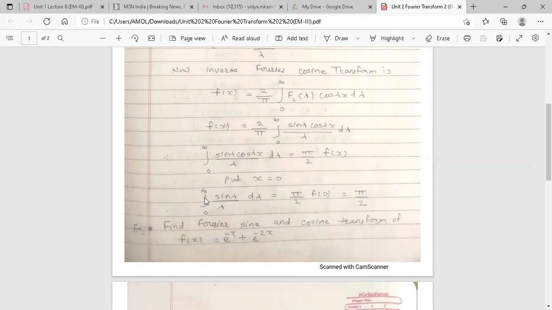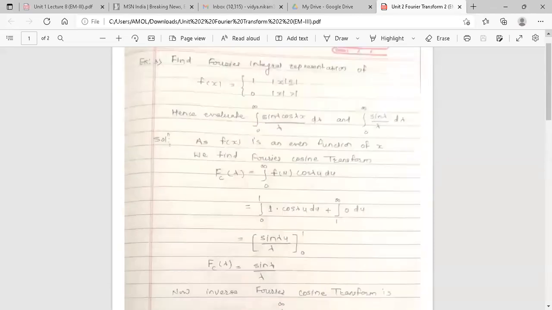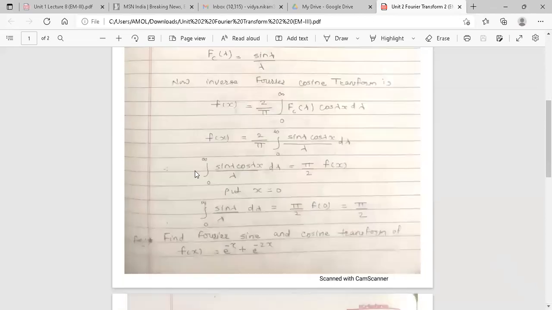So the integration from 0 to infinity of sin lambda upon lambda d lambda is equal to pi by 2 into f of 0. Now what is f of 0? When x is equal to 0, the function is defined in two intervals: when x is less than or equal to 1. Now 0 is less than or equal to 1, so the function value is 1 here. In this integration, the value is pi by 2 into f of x, not only f of x.